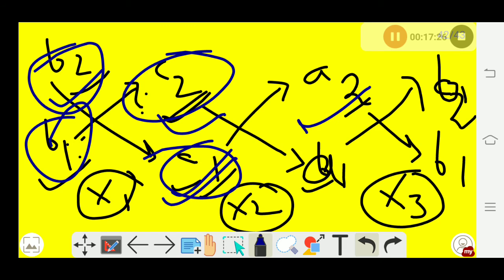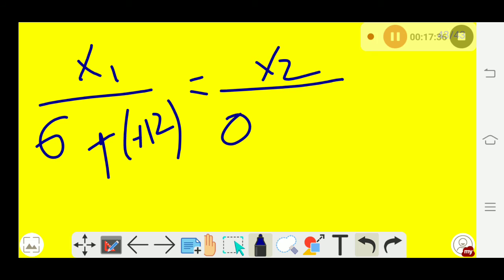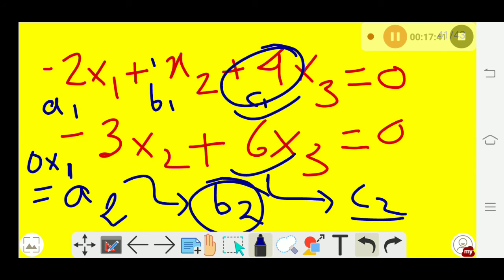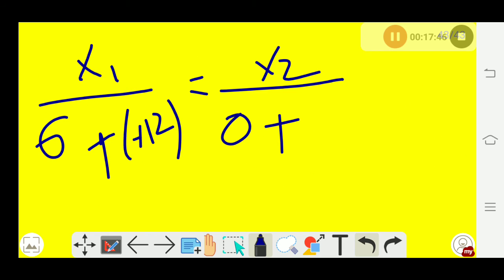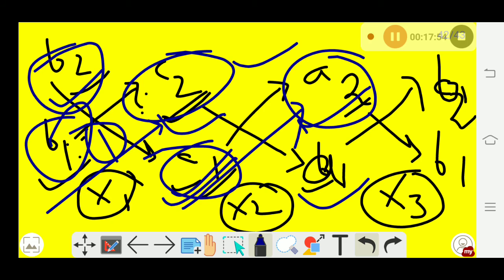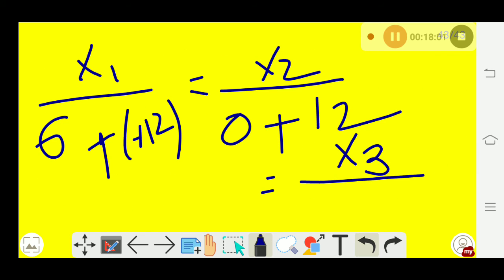Okay, c1 into a2, I'm taking this fashion first. c1 into a2, c1 a2 0, minus c2 into a1, c2 into a1, c2 into a1, minus 12, minus it will be plus. a2 into b1, a2 is 0 into b1 will be 0, so this is 0.